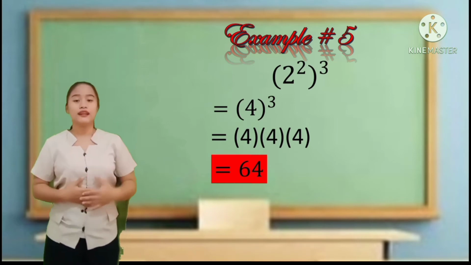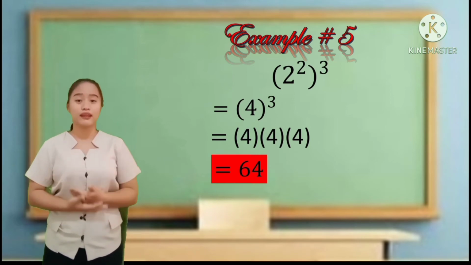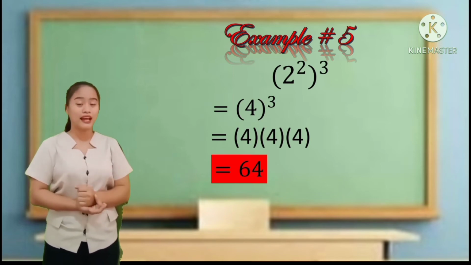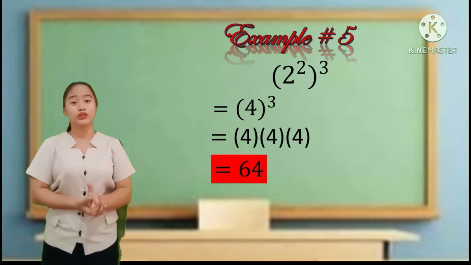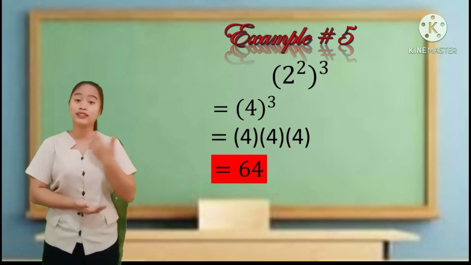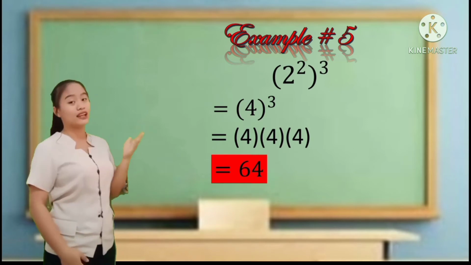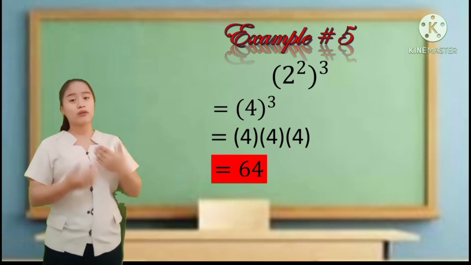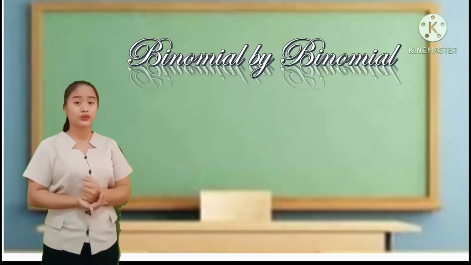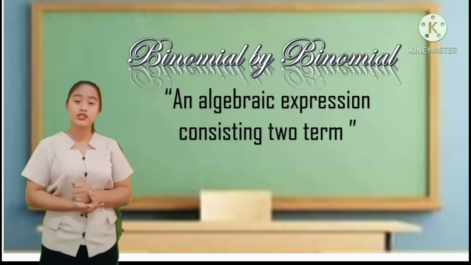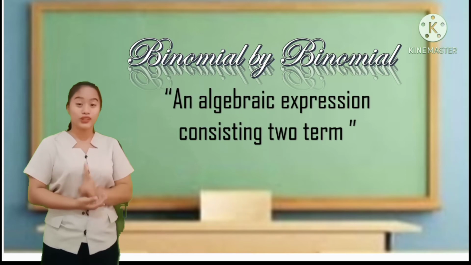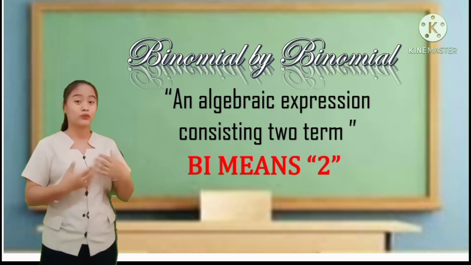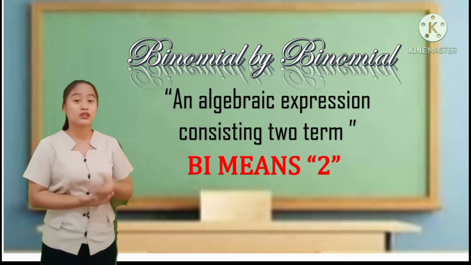Now, I hope that you get our discussion about multiplying monomial to monomial. So now, we will move on to our next discussion about multiplying binomial to binomial. From the word binomial, we are referring to an algebraic expression consisting of two terms, because the word bi in binomial means 2.